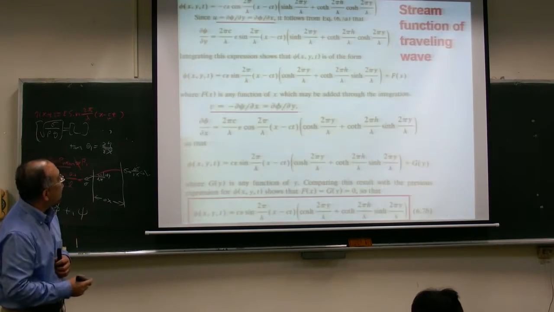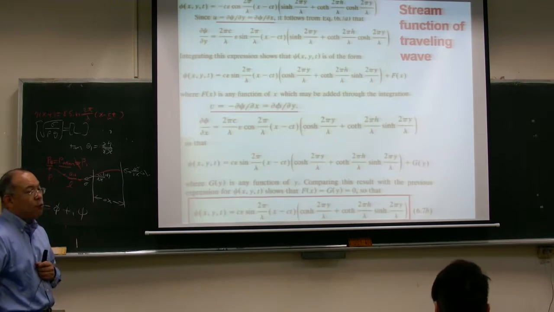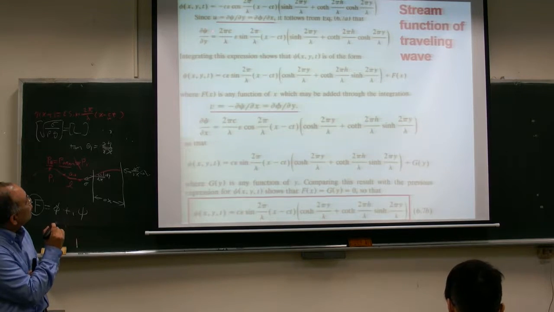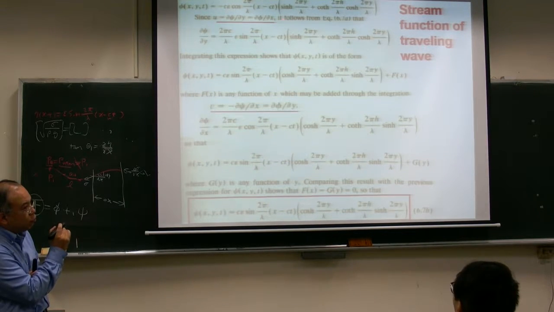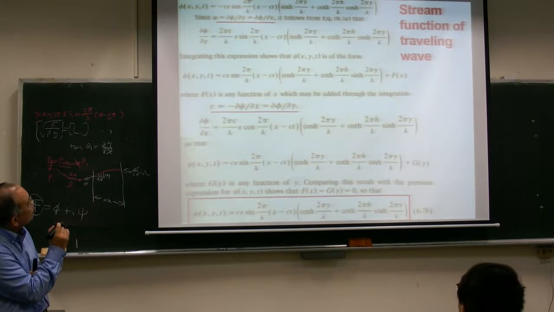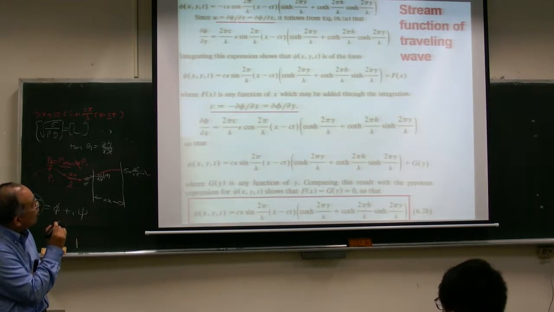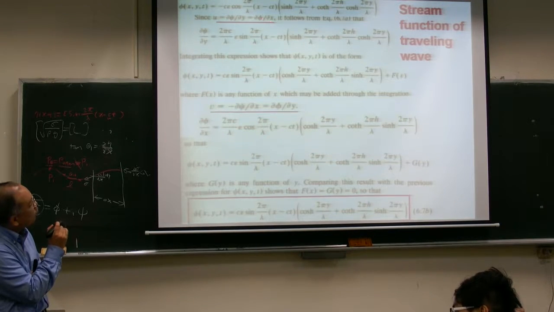So next I try to find the stream function. Once we have the velocity potential, what is the relation between the velocity potential and the stream function psi? U is equal to partial psi partial y, and equal to partial phi partial x.